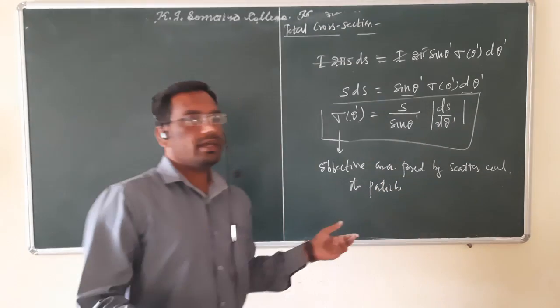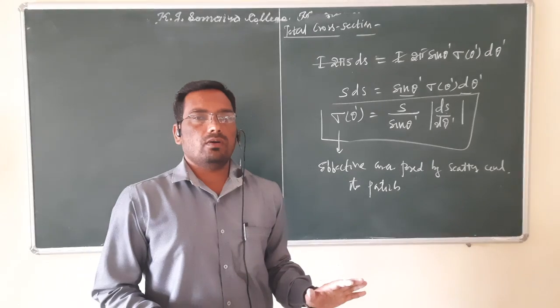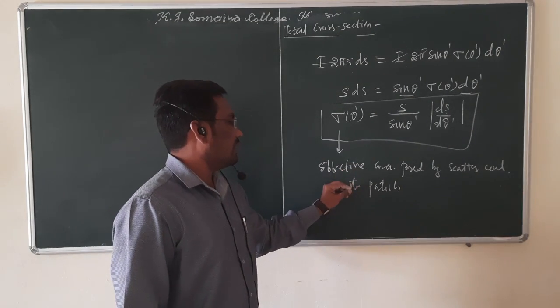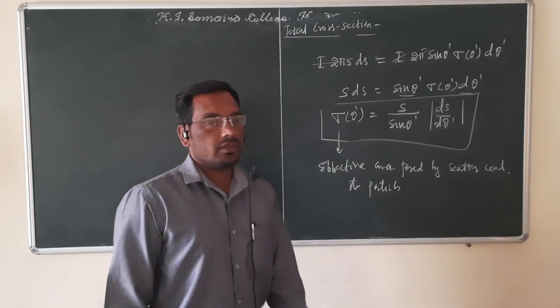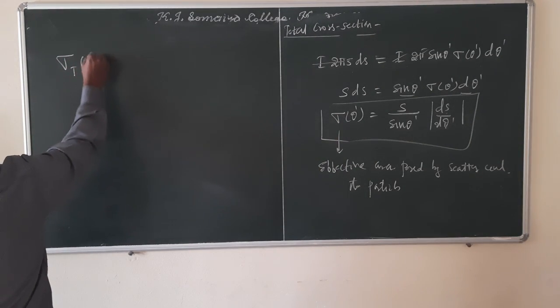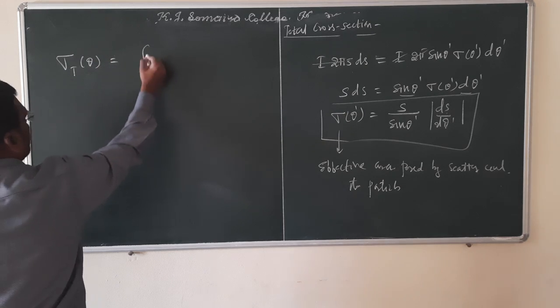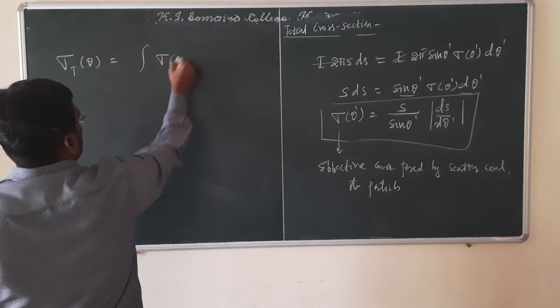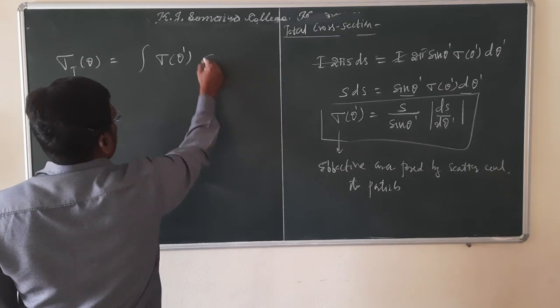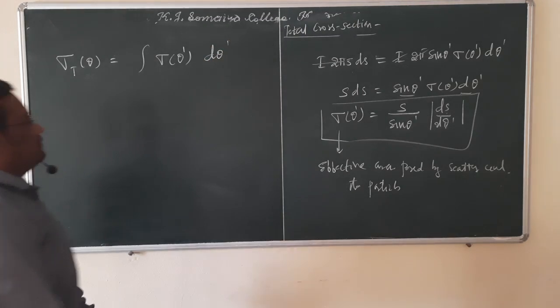If you take the total angle or total number of particles, that's why we have to take the total cross section. You can write the total cross section sigma t as the integration over sigma theta dash d theta dash.